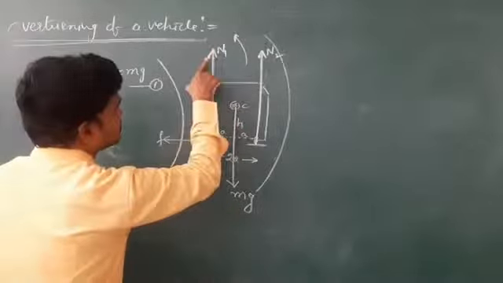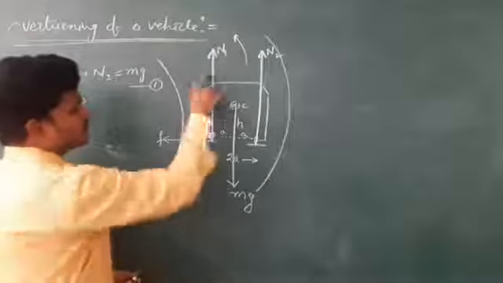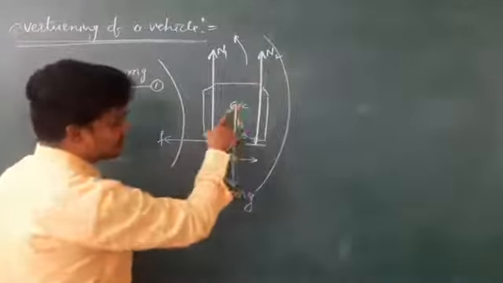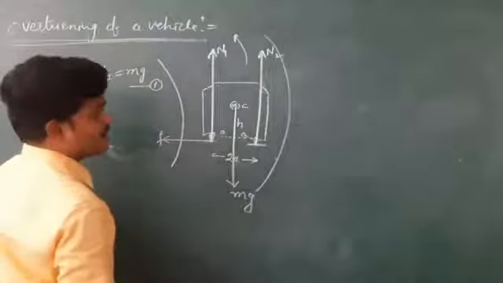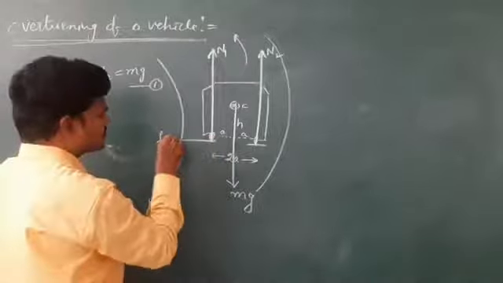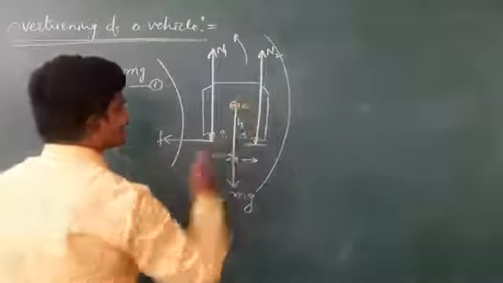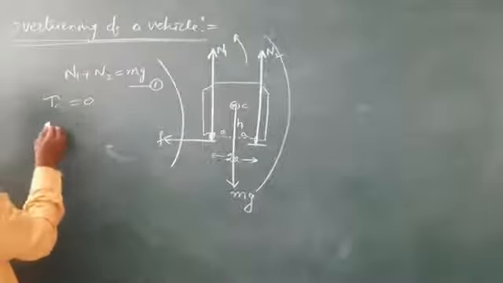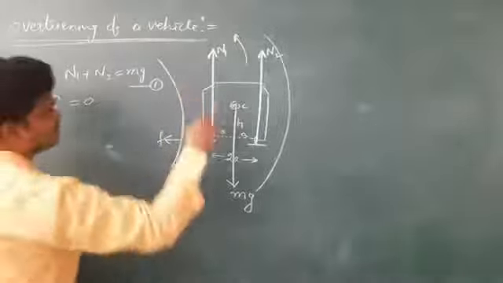Due to this, it is on the right side, so minus. This is on the left side, plus. And due to this frictional force, it is on the right side, minus. So torque about C is equal to 0 means, for this N1, C is on the right side.